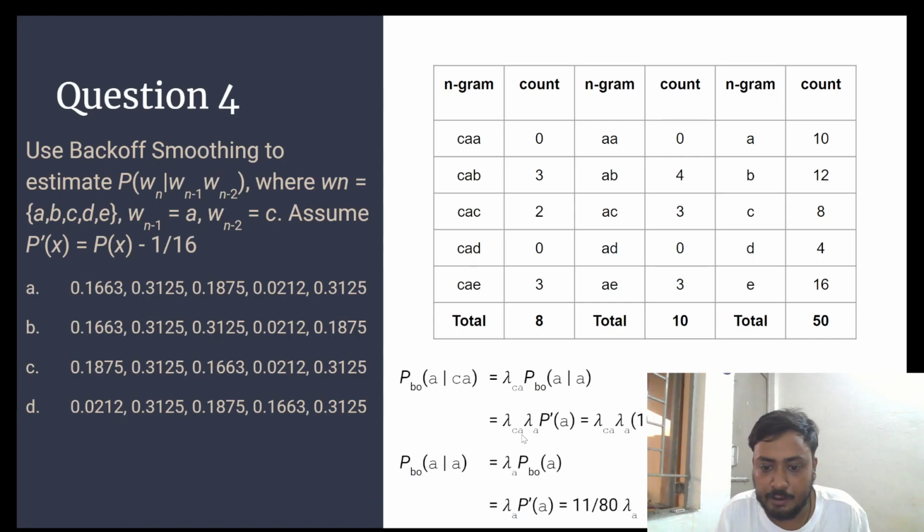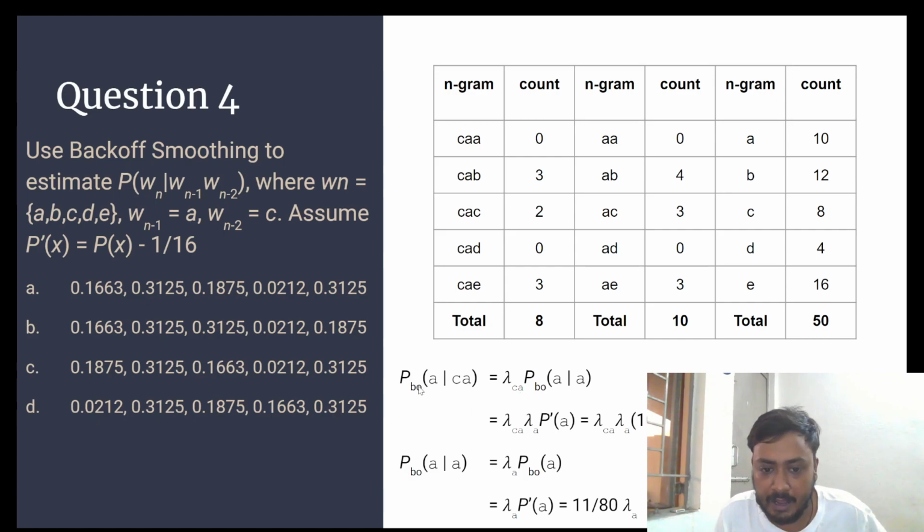Now we know the probability of back off. How do we calculate it? We first see if that given probability is 0 or not. If it is not 0, we replace it with the discounted value. But if it is 0, we replace it with the weight times the probability of the bigram, or one gram less.